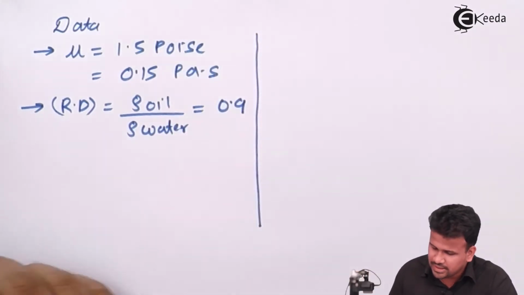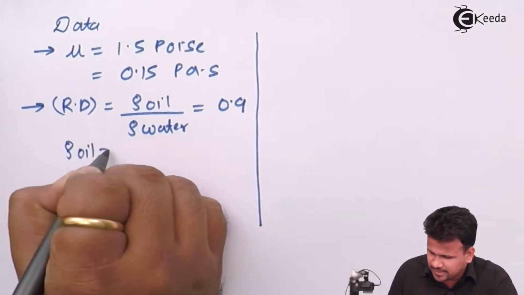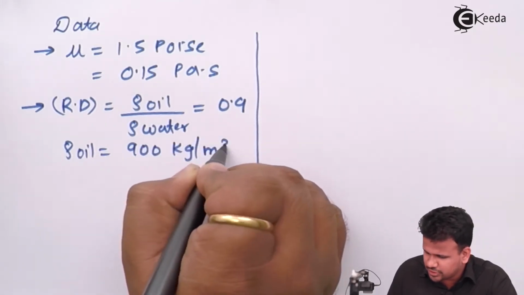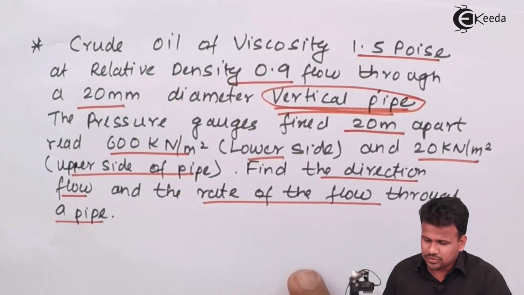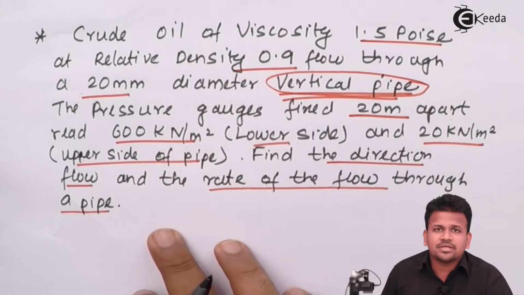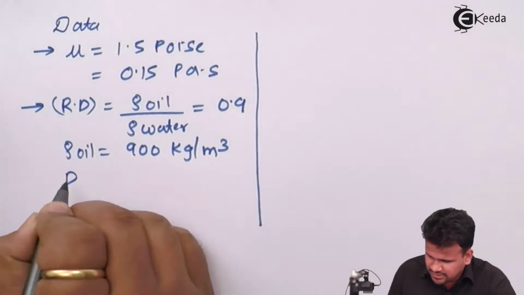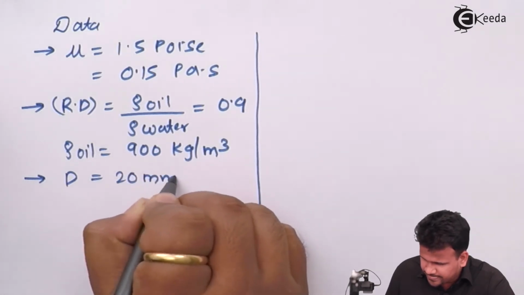So the density of oil becomes 900 kg per meter cube. Next, they have given the diameter of the vertical pipe, so D is equal to 20 mm.